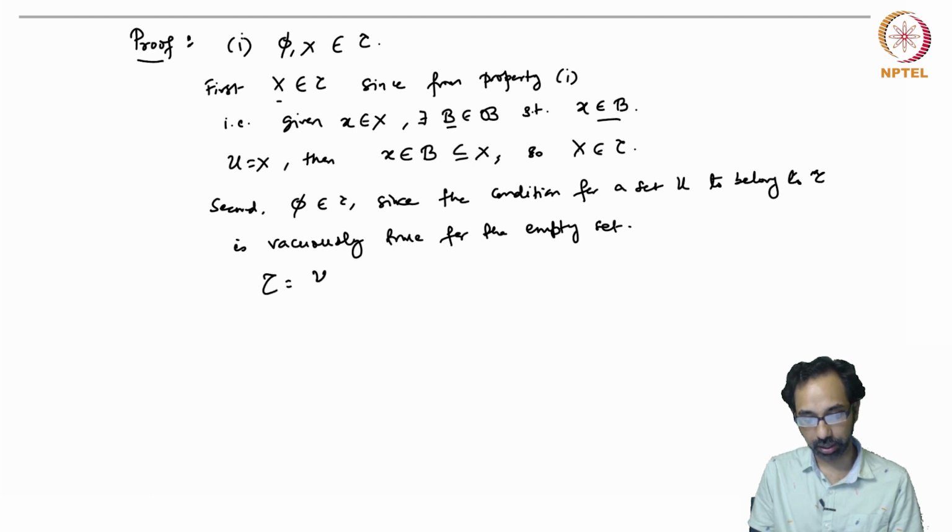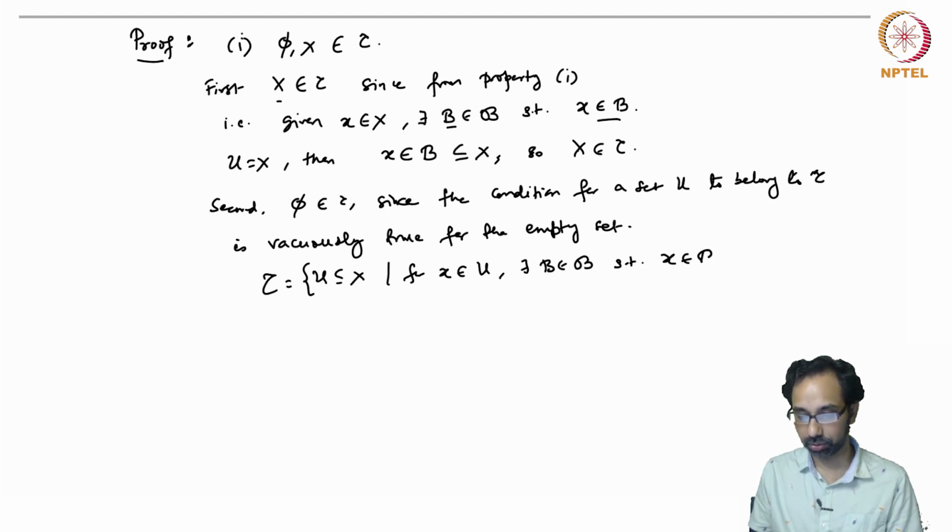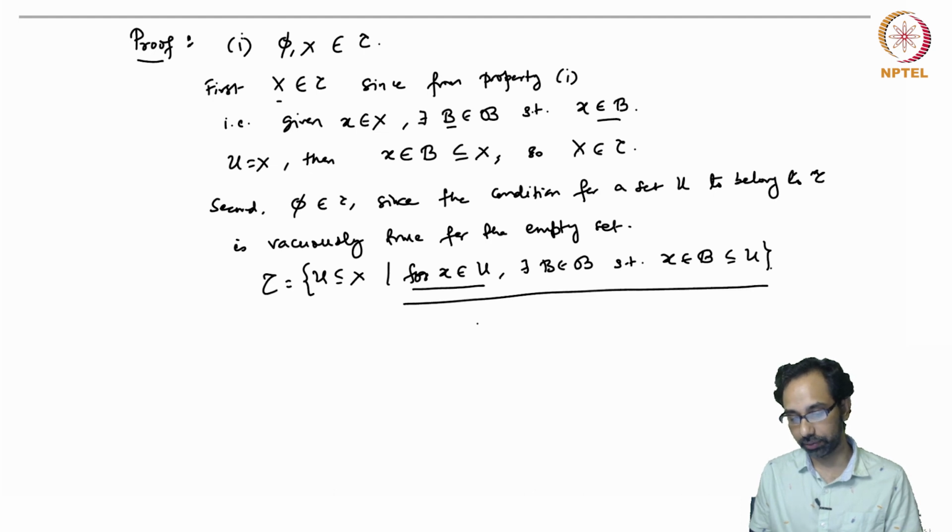tau is the collection of sets such that for every x in U, there exists a basis element in B such that x belongs to B is a subset of U. So for any x in U, right? But if U is empty, then this whole statement is vacuously true.